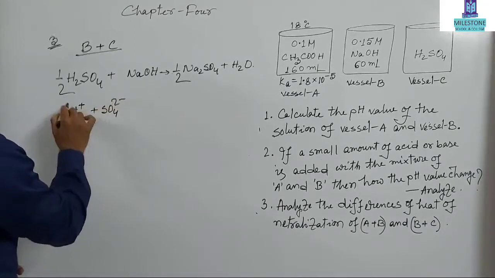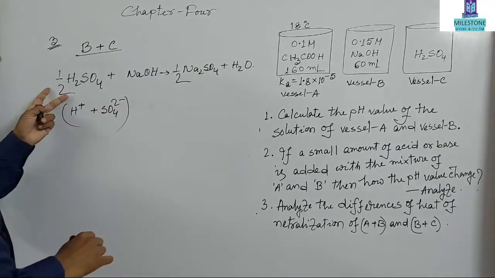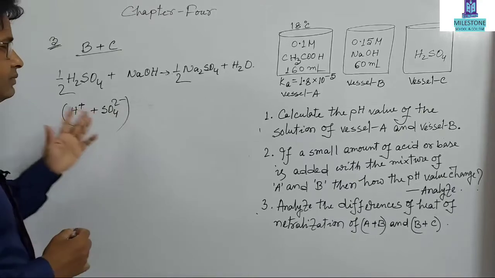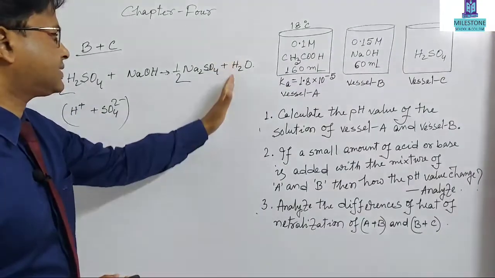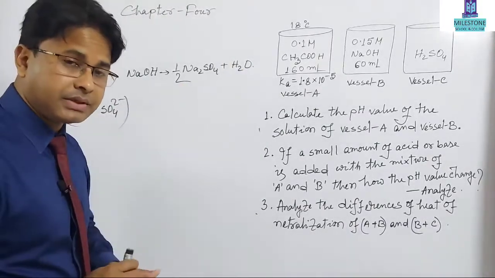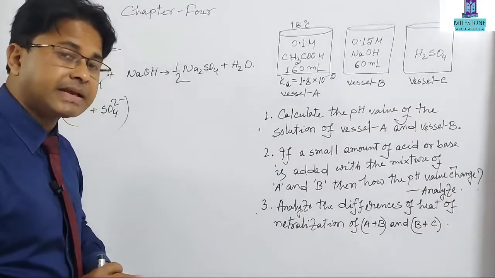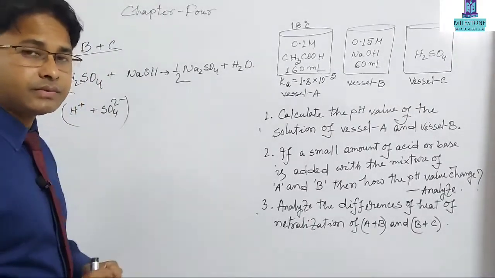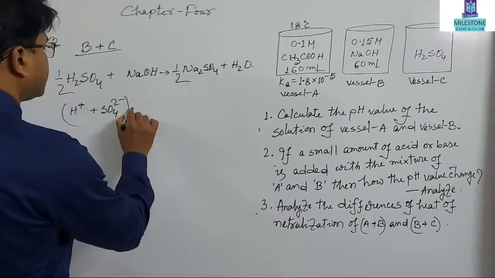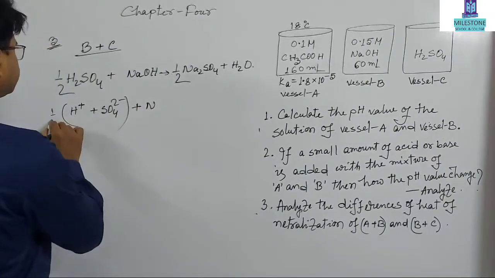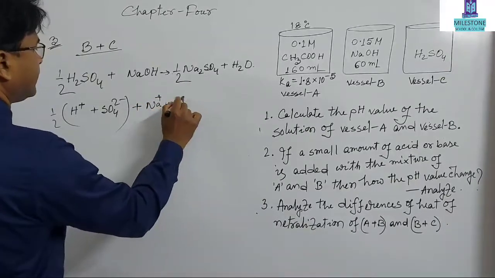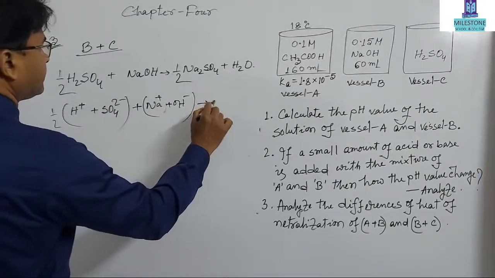Students, I have given here half mole of sulfuric acid just to make it balanced, because the amount of water must be fixed at 1 mole, as heat of neutralization is calculated for only 1 mole of water. Plus sodium hydroxide, which produces sodium ion and hydroxide ion.